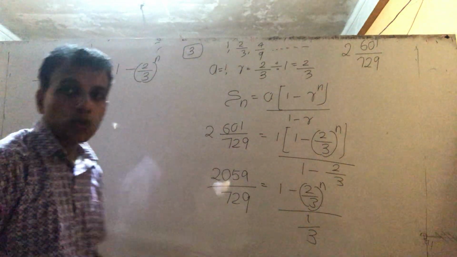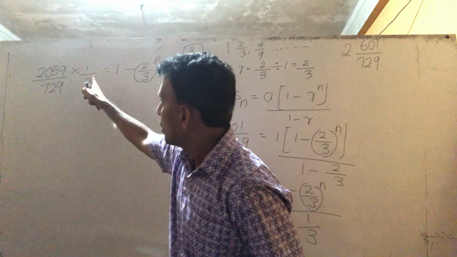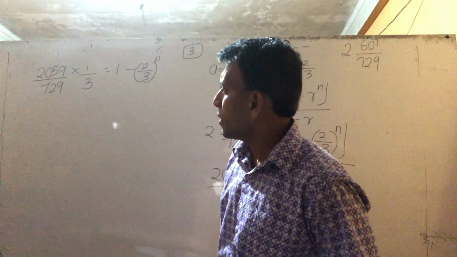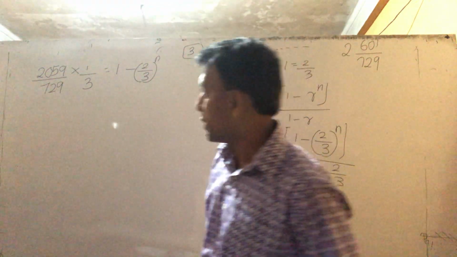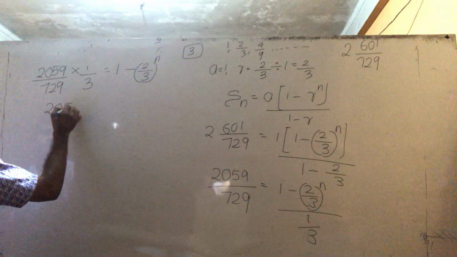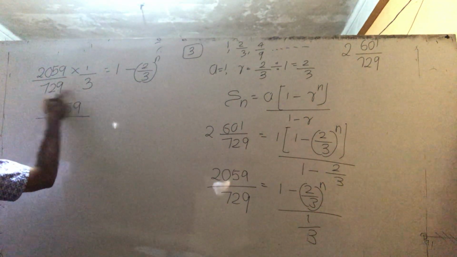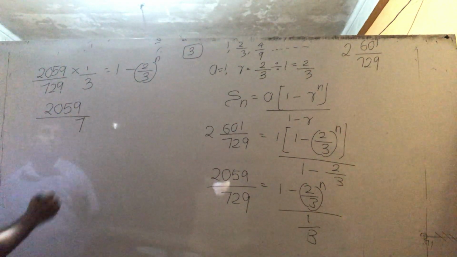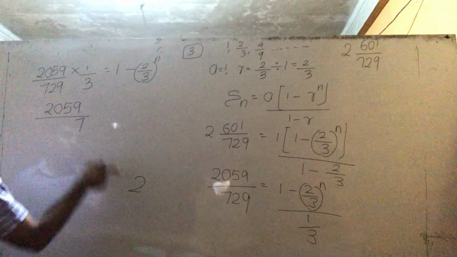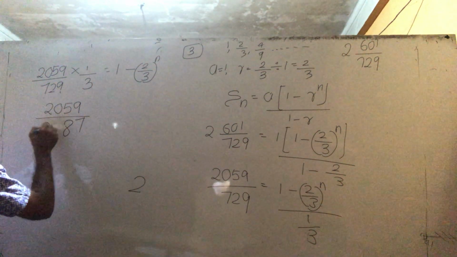Okay, so hereafter, you can't cut this, no chance to divide by 3, so multiply. 1 times is 2059. Here multiply 3 times 7, 21, 3 times 9 times 3, 2 remaining, 6 and 2, 8, 21.